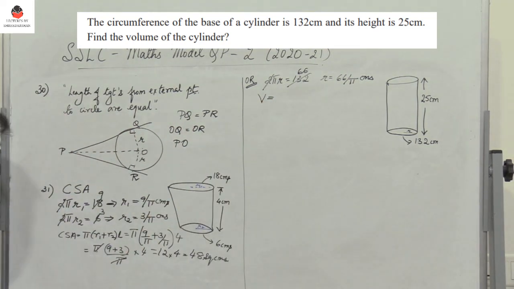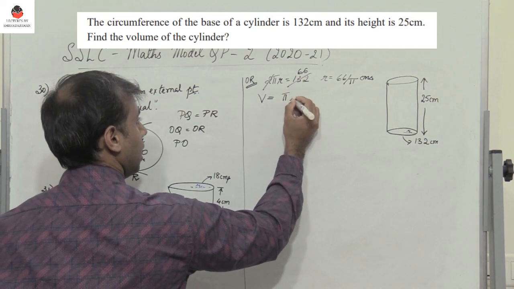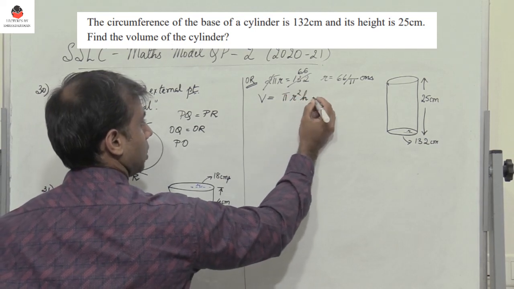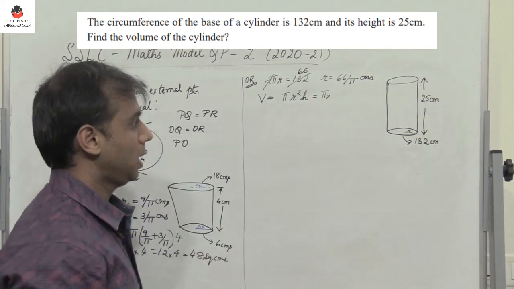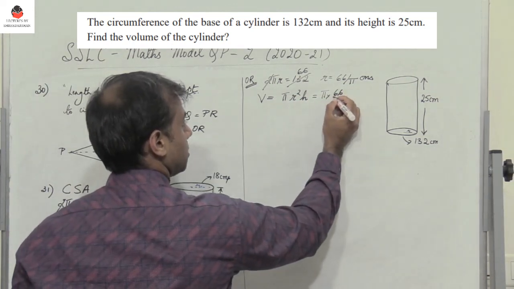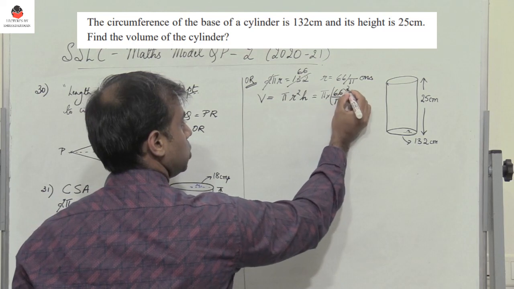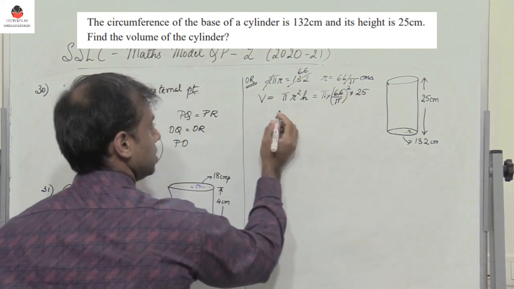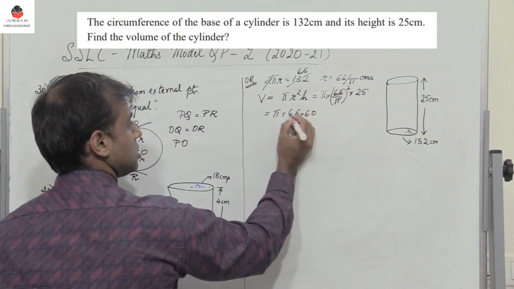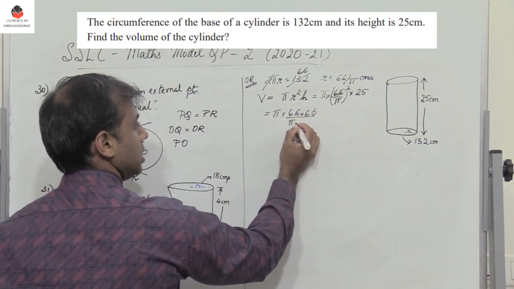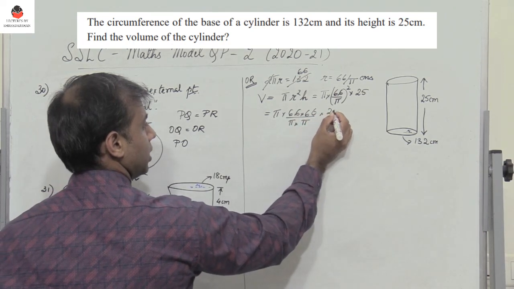Volume of the cylinder V is equal to pi r square h. So pi into r, which is 66 by pi, the whole square, into h, which is 25. So I have pi into 66 into 66 divided by pi into 25.